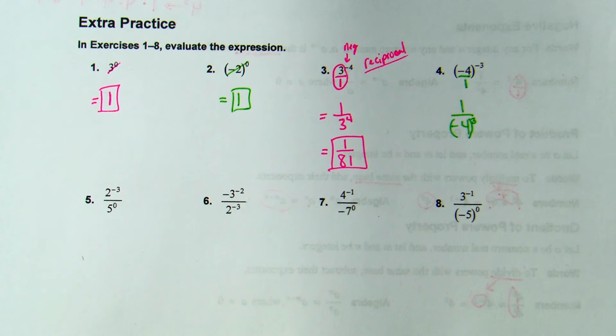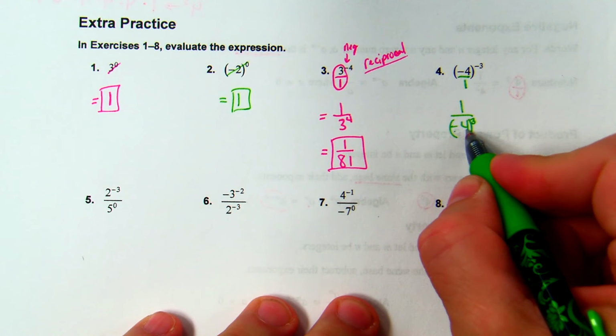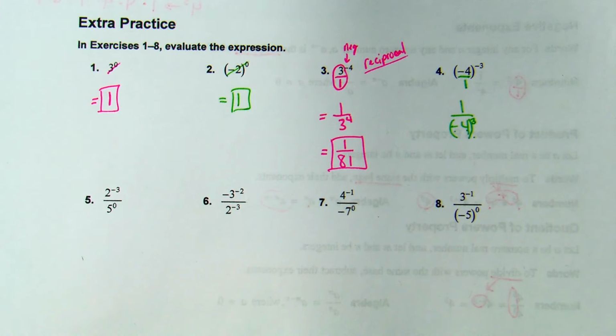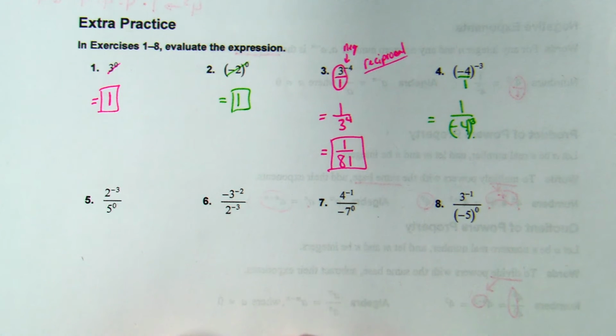So it's going to take 4 to the 4th power and then put a negative sign on it. But if you put it in parentheses, then it's going to raise negative 4 to the 3rd power instead, and that'll get you out of trouble with negative signs whenever you're actually finding answers in the calculator.